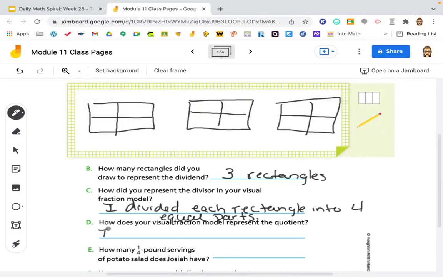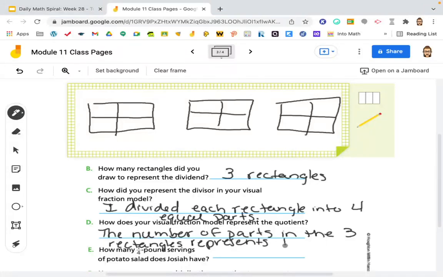Well, the number of parts in the 3 rectangles represents the quotient. So how many 1/4 pound servings of potato salad does Josiah have? He has 12 servings.